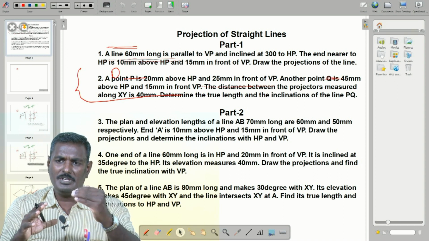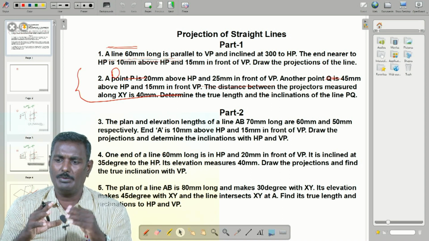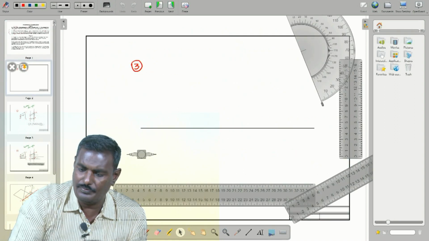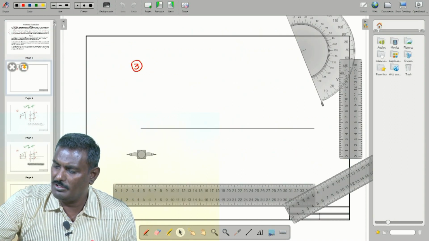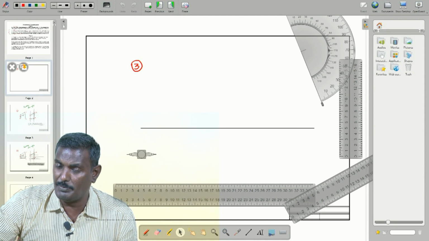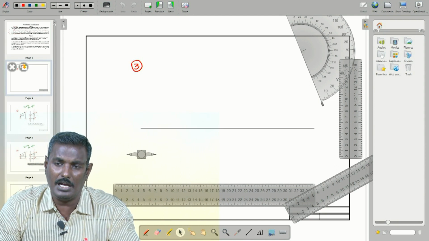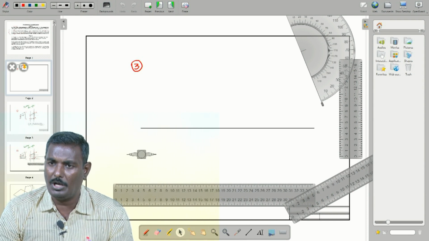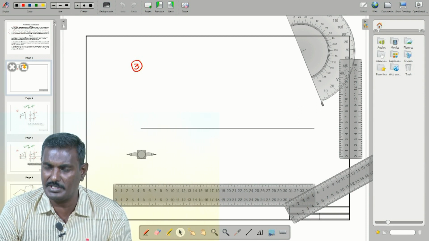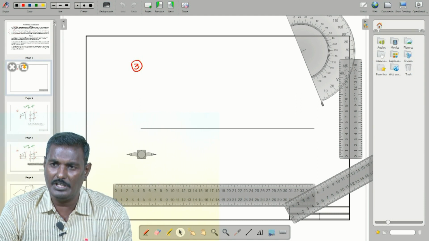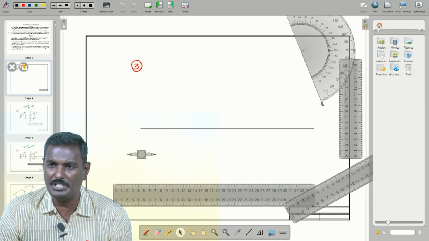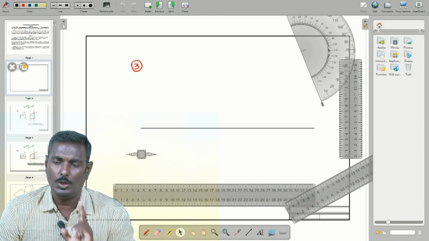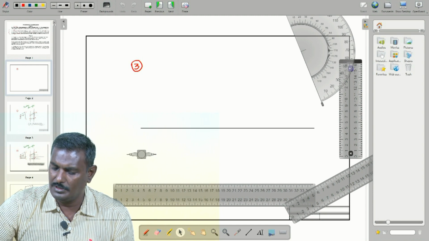Above HP means 10 mm above the XY line, so for A dash we take a vertical scale, perpendicular. Here I am not using any special instruments and a mini drafter is not available, so instead I apply 2 rulers, one for horizontal and another for vertical, that is perpendicular.